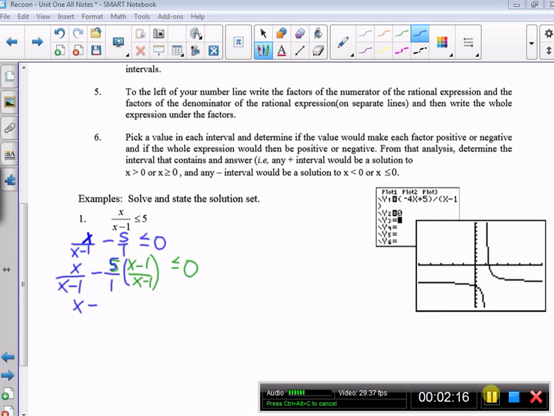And I have minus 5 times x minus 1. So I'm going to make that like that, and the entire denominator is x minus 1.